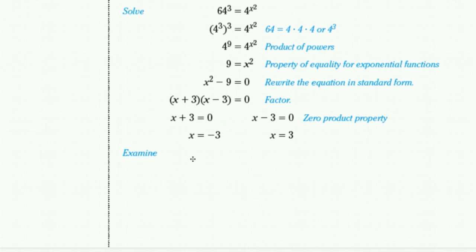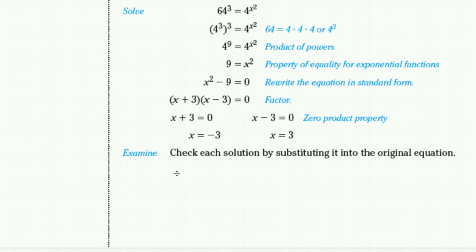And if we check our answer and substitute it to the original equation, 64 cubed equals 4 to the x squared, and substituting the value of 3 for now, and then we'll do negative 3 on the other side. So 64 cubed, is it equal to 4 cubed raised to the second power?